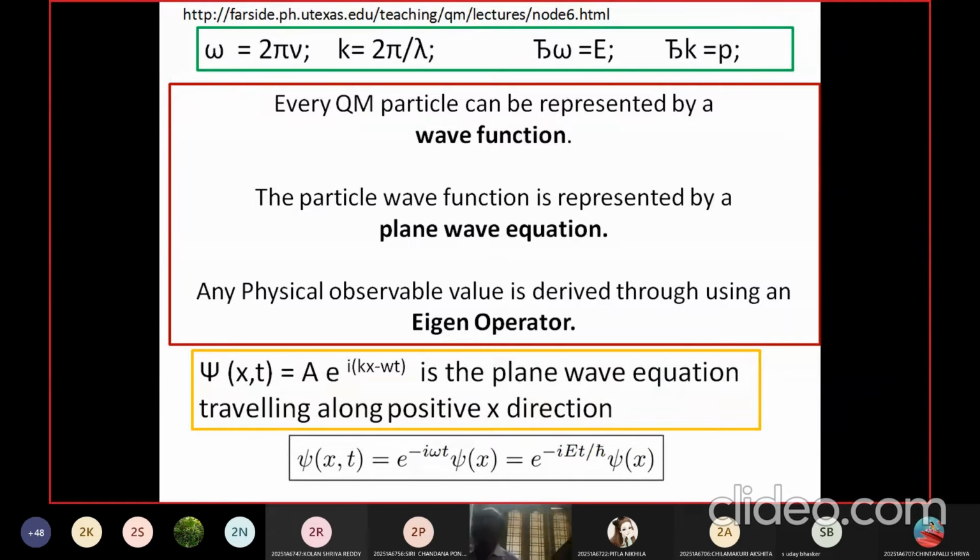Let me just rewind this. Every quantum mechanical particle has to be represented by a wave function, and the wave function should be a plane wave equation. If you want to find any physical observable value, you have to find a suitable eigen operator and operate it on the plane wave equation to get the physical observable value.